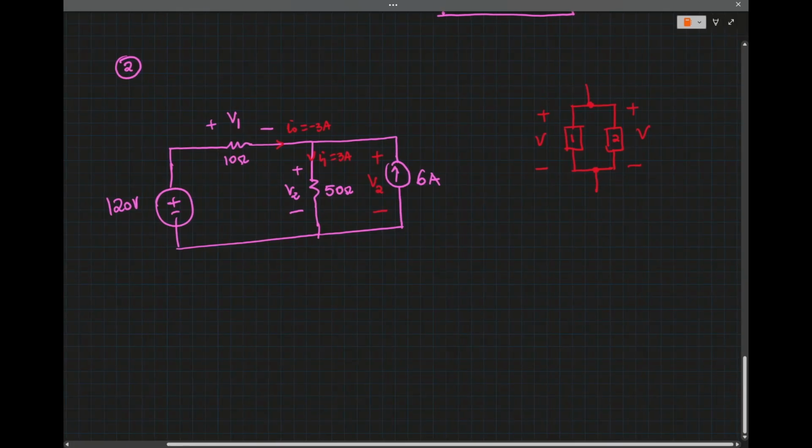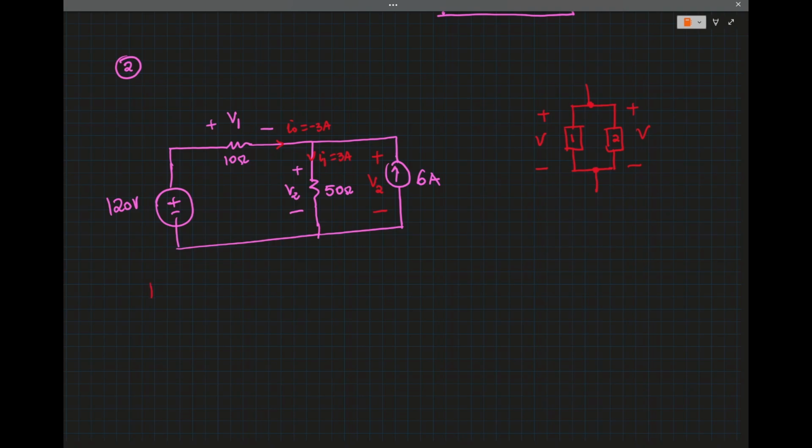So I'm going to calculate the power absorbed or supplied by each component, each element.